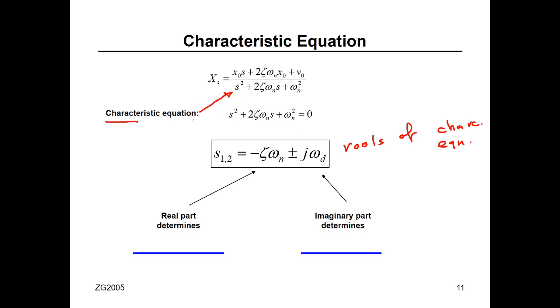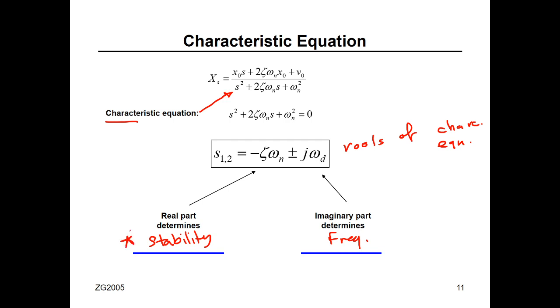Why do we call it the characteristic equation? Because the roots of the characteristic equation will determine two very important things about the characteristics of the transient response, or the time response, or the solution. If you have two complex conjugates, the real part determines the stability of the system, and the imaginary part only determines the frequency of the system.